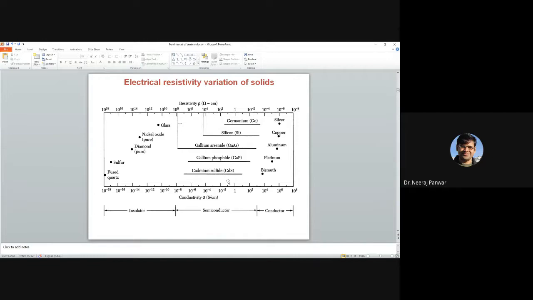So many semiconductors we can have, whereas glass, nickel oxide, diamond, sulfur, fused quartz, all these are examples of insulators. They have very high electrical resistivity. On the top side we have electrical resistivity, and the bottom side denotes the electrical conductivity.